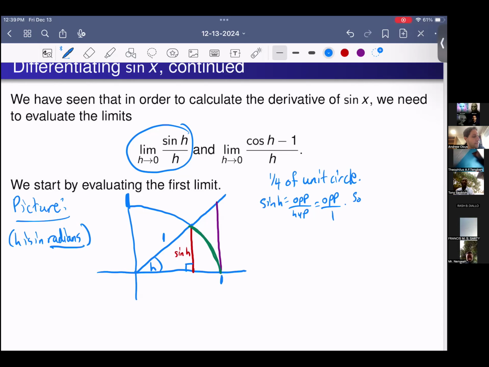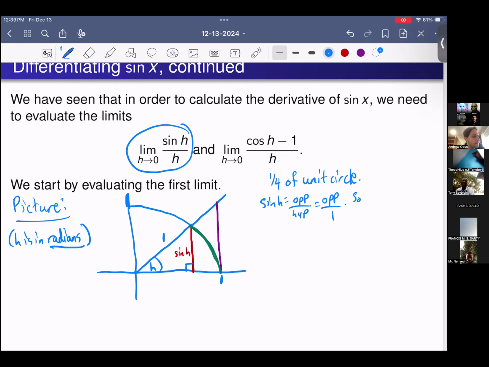And from h is less than tan of h, and remember tan of h is sine of h divided by cosine of h, tangent is sine divided by cosine, we get that cosine of h times h is less than sine of h. I multiply both sides by cosine, and then this implies that cosine of h is less than sine of h over h. I divide both sides by h. So cosine of h is less than sine of h over h is less than 1.